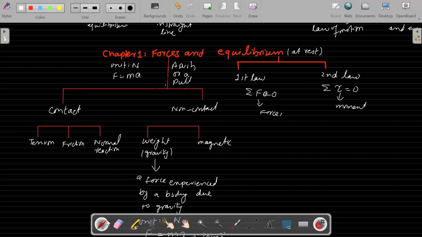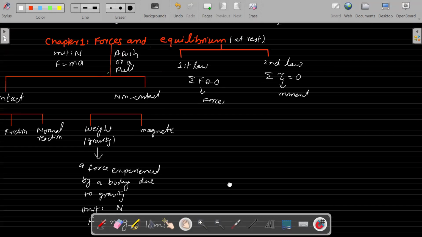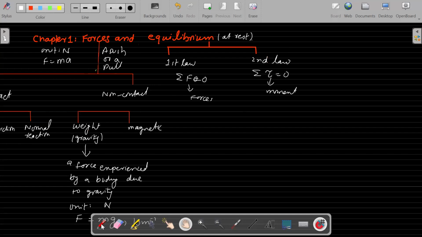Let's say I'm having a box which is resting on a table. If it is resting on level ground or a table, forces will be acting on it: upward force, downward force, right force, and left force.